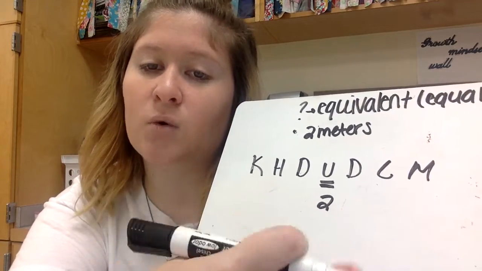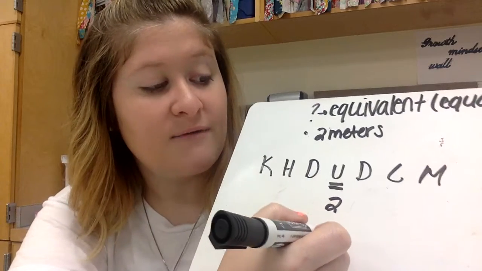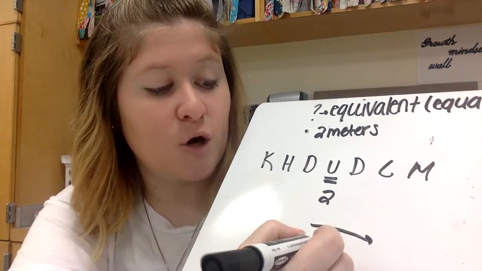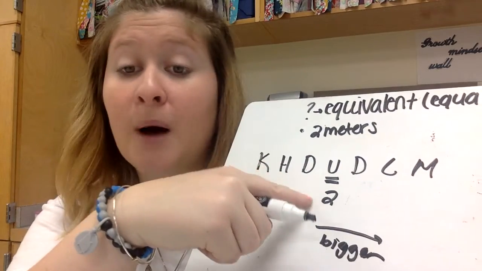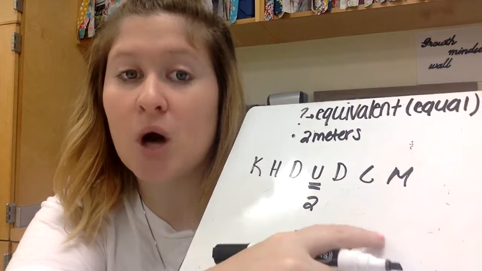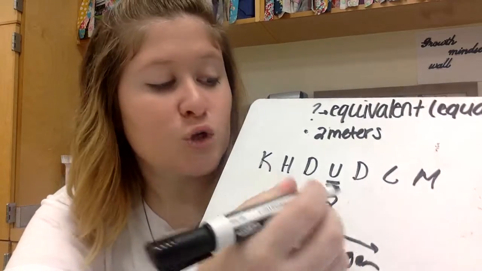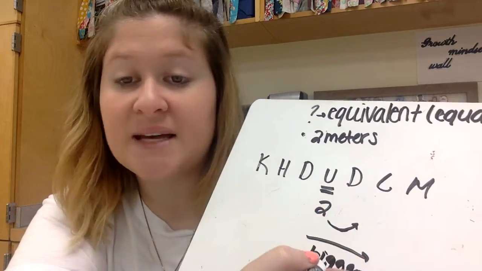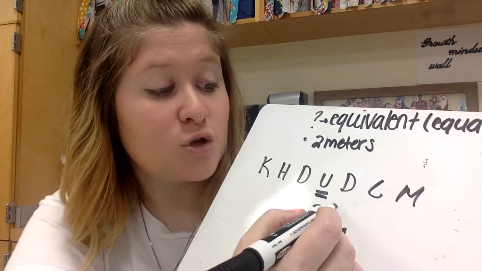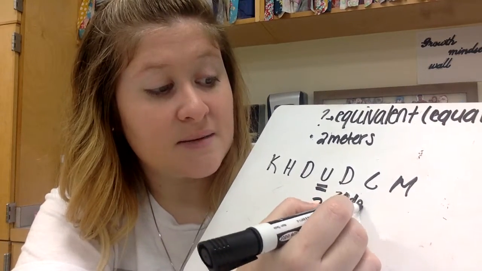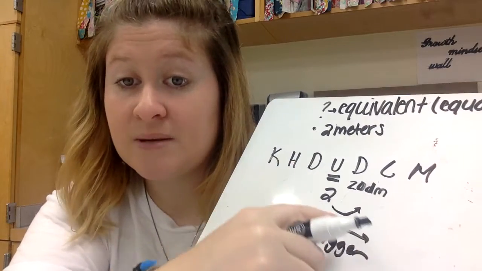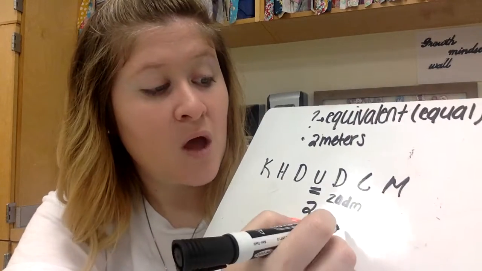So let's go backwards first. Let's move this way. If I'm moving in this direction, I know my answer is getting bigger because this is like a bottled water and we're moving to how many drops of water are in that. So if I move one place, that's 10 times bigger. So this would make it 20 decimeters because I'm multiplying by 10.